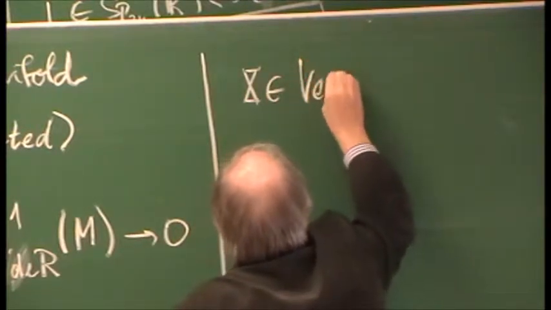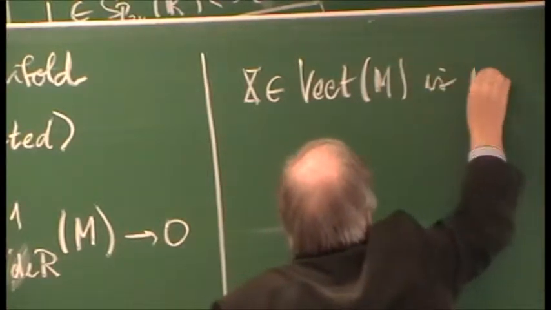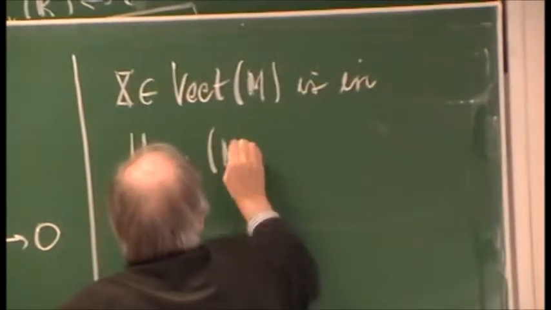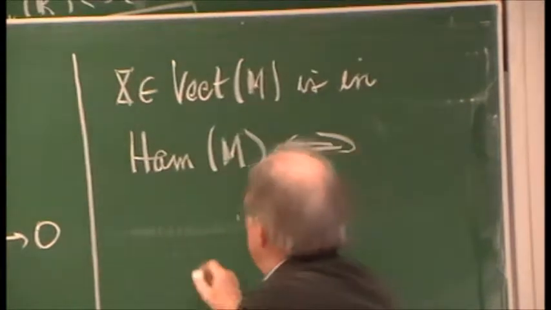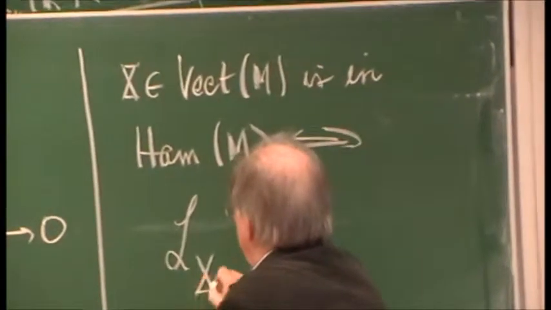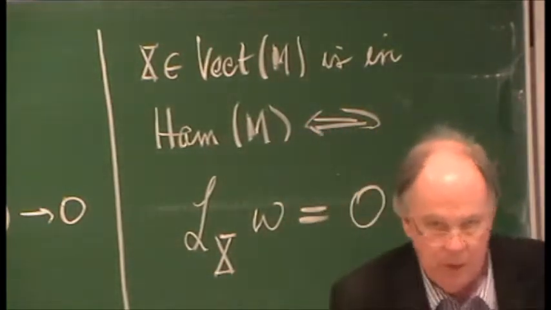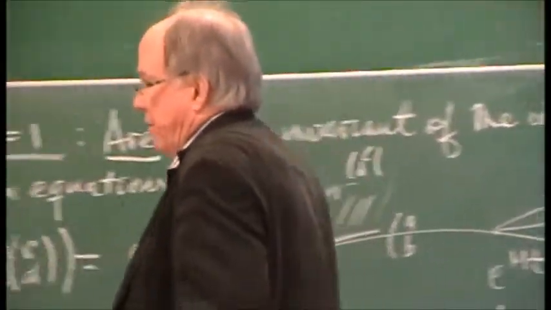Some vector field is a Hamiltonian field, in this space I'm calling Ham of n, means that the Lie derivative of X of omega annihilates omega. Now let's think what that means.